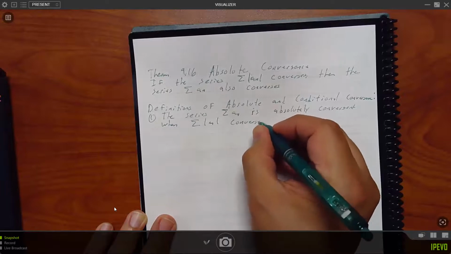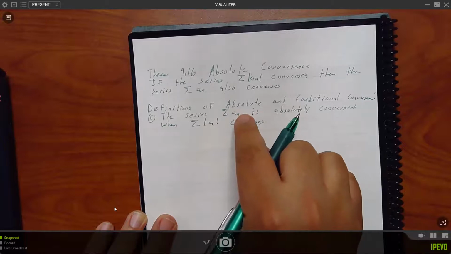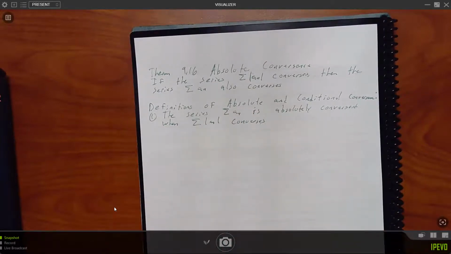That's what I was just saying. If this one converges, then the original is absolutely convergent. So the alternating piece doesn't matter.